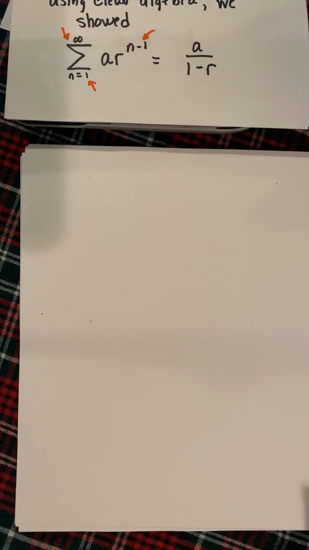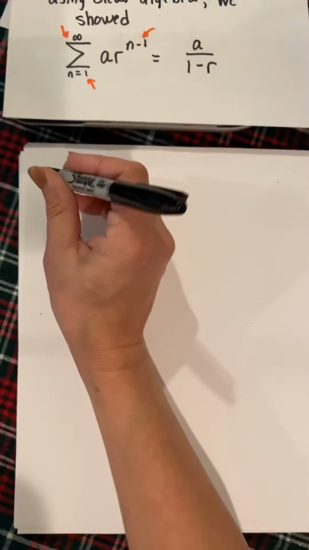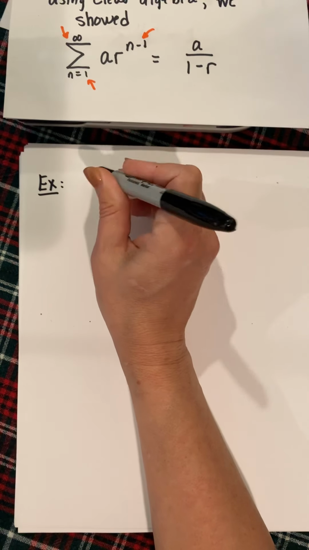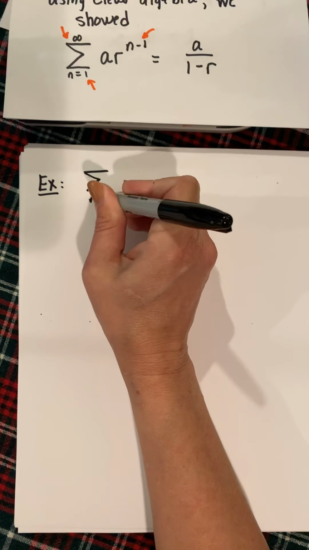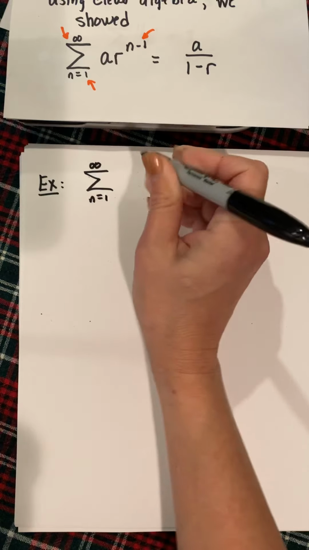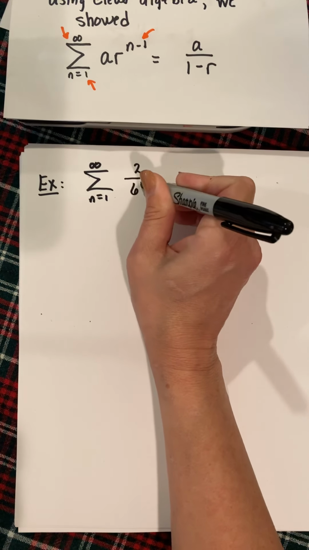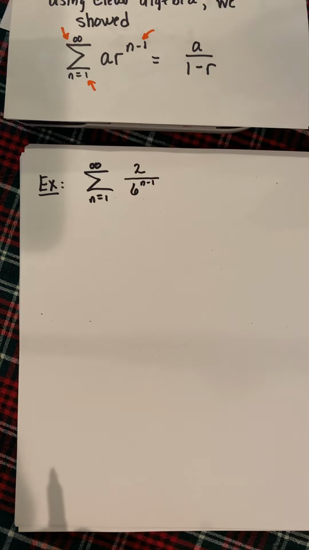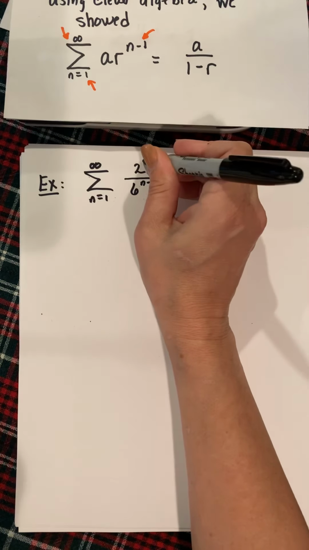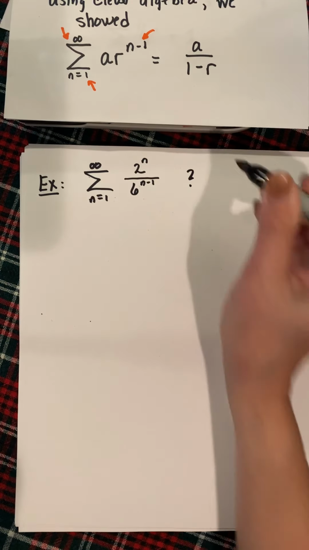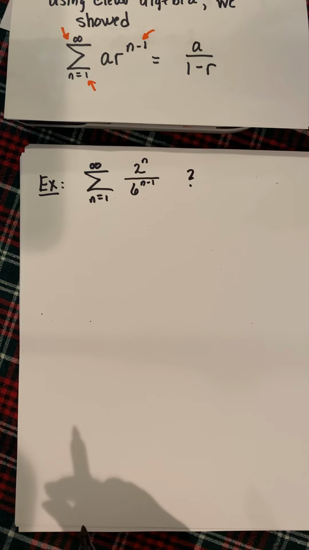So keeping in line with that, let's find the sum from n equals 1 to infinity. Let's do something like 2 over 6 to the n minus 1. Nope, actually I'm going to do 2 to the n over 6 to the n minus 1. Converges, diverges?